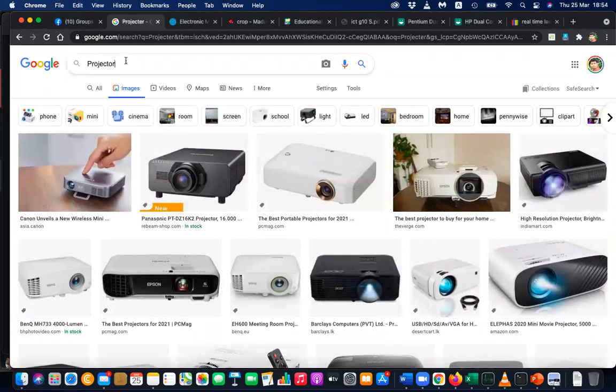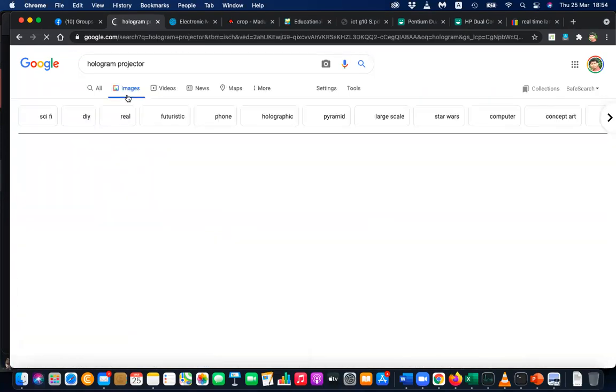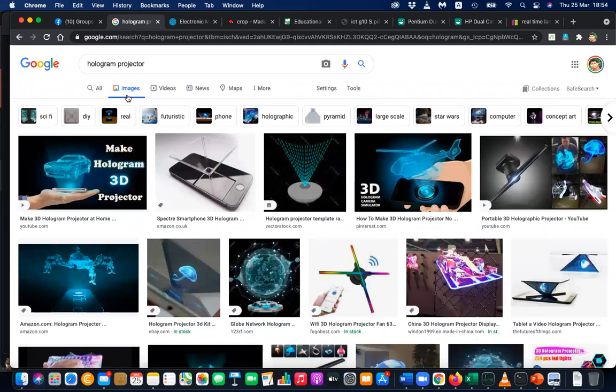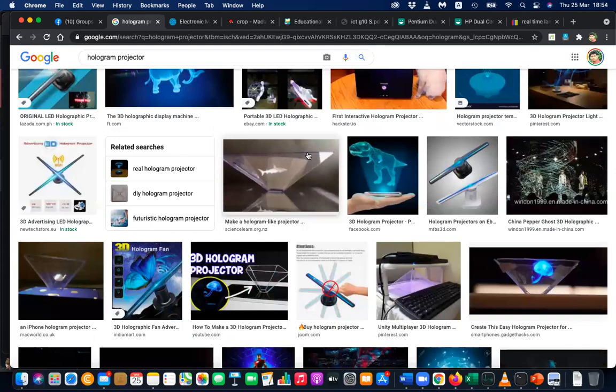So how many of you have seen a hologram projector? Yes. A hologram projector is a special projector, a 3D projector.